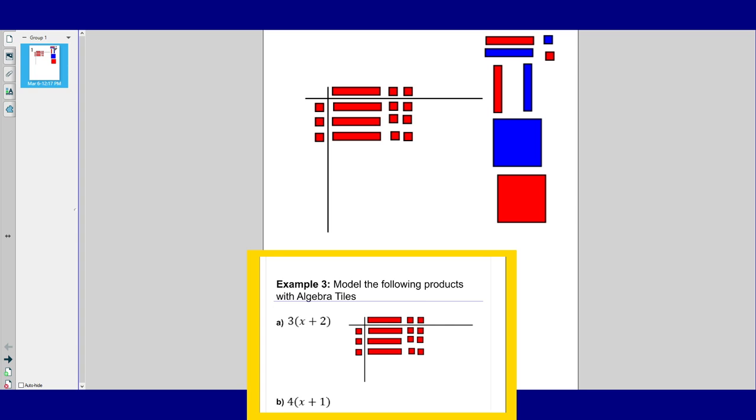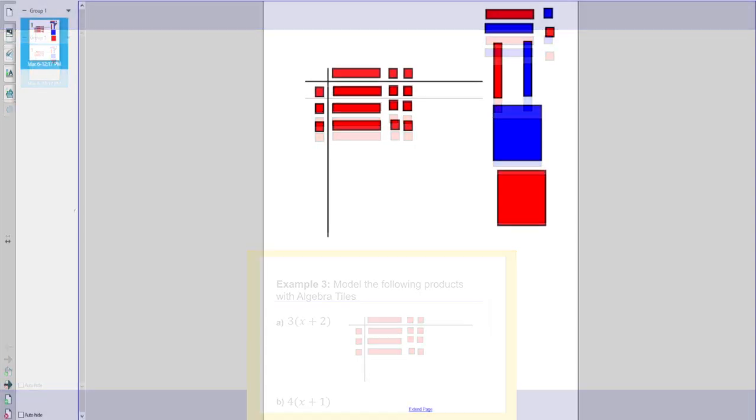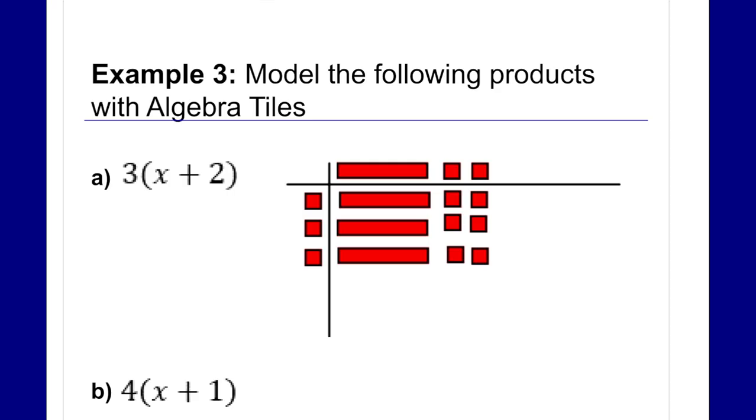So now we have our answer. If we count the inside tiles, all these ones, we get 3x plus 6. And if we were to expand this, we would get the same thing, 3x plus 6.